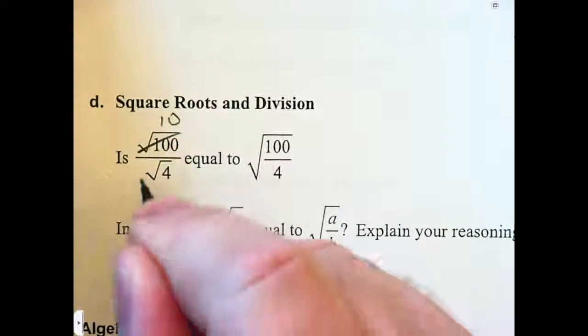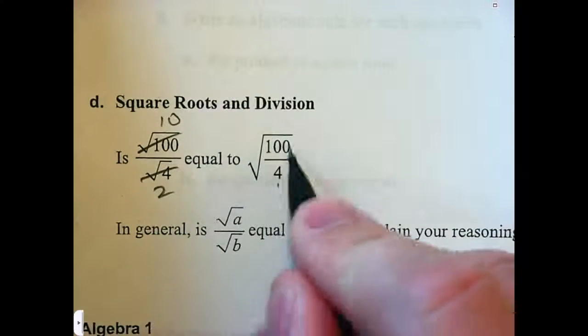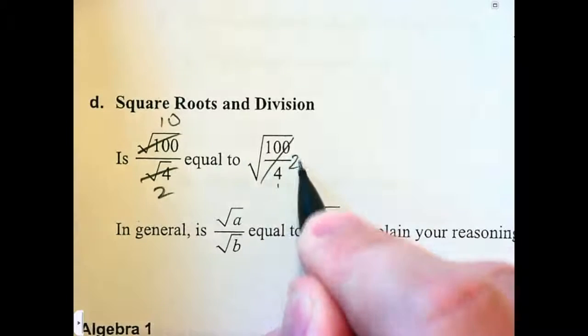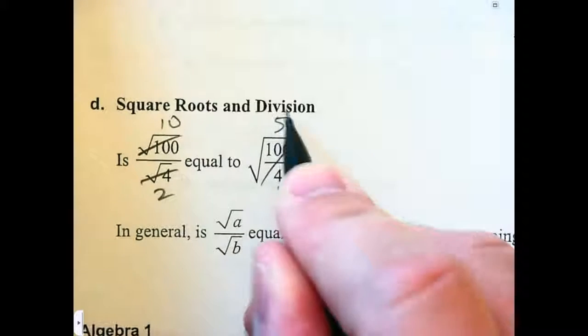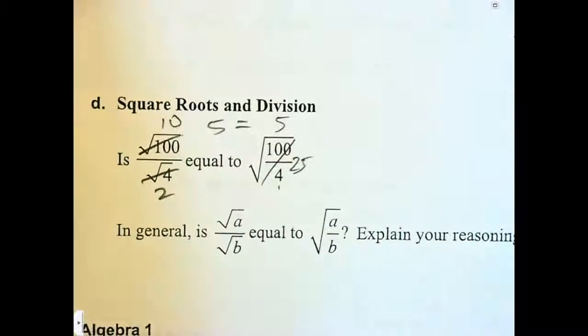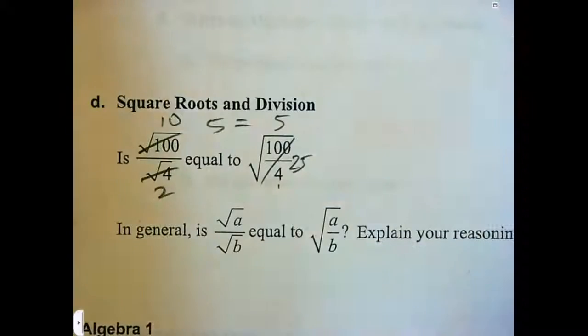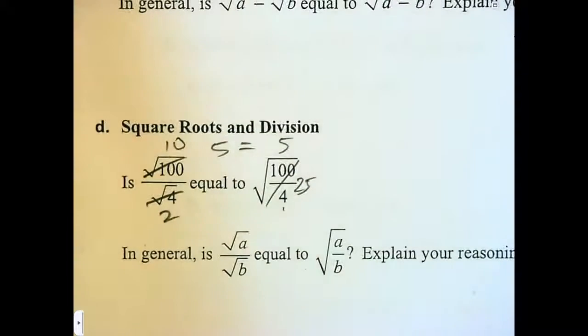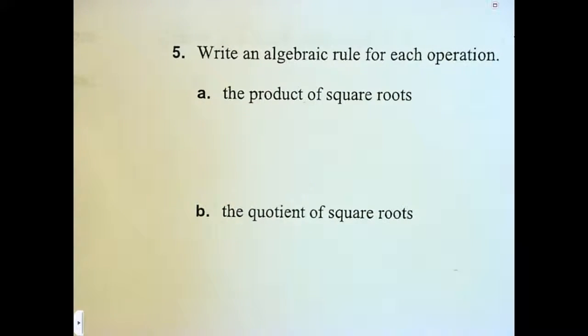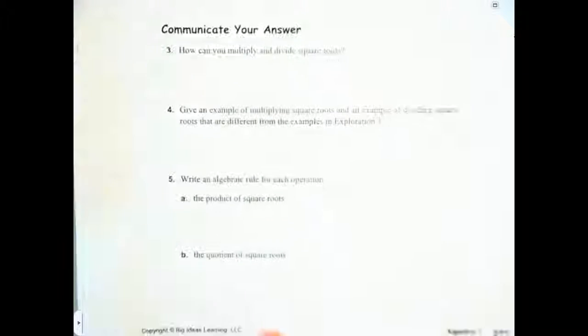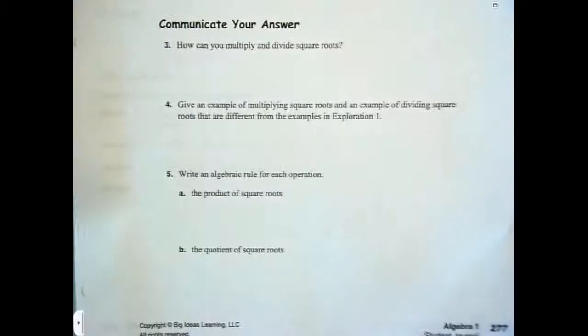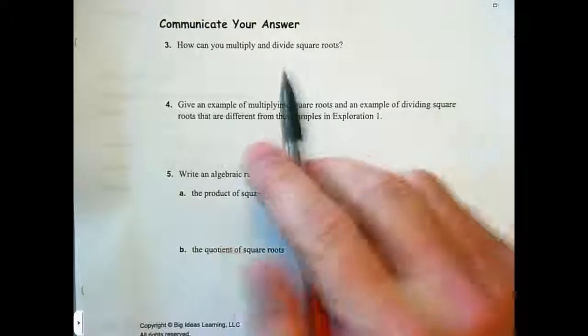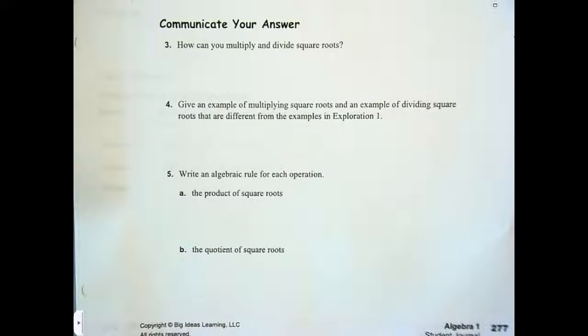Yes, 10 divided by 2 is 5, and that is root 25, which is also 5. Good. Okay, so 5 equals 5. We're good to go. All right, so in general, which things can you put together inside your radicals? Multiplication and division.